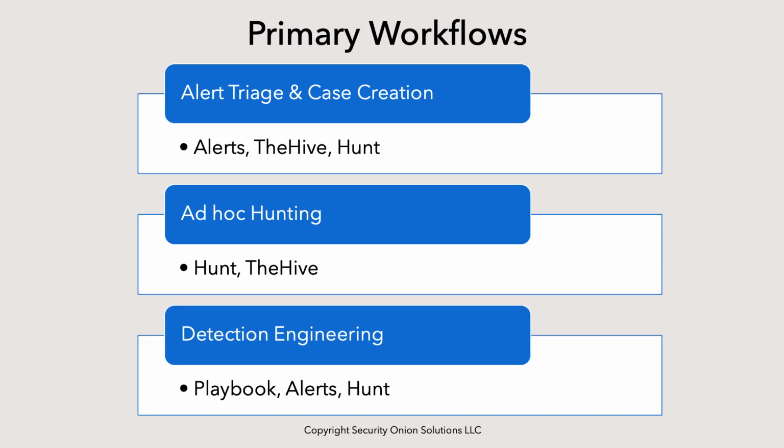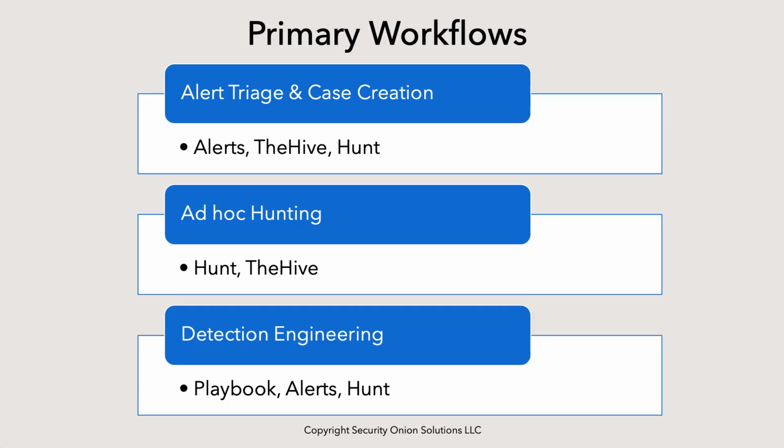Third and finally is detection engineering. Detection engineering is the process of building mechanisms to alert when we find malicious activity or even misconfigurations that could lead to malicious activity. It's really based on the idea that we have a gap in our detection somewhere and we need to fill that gap.